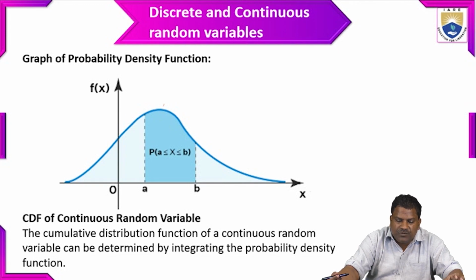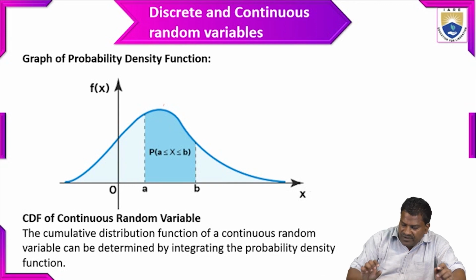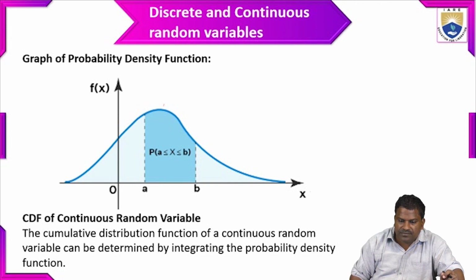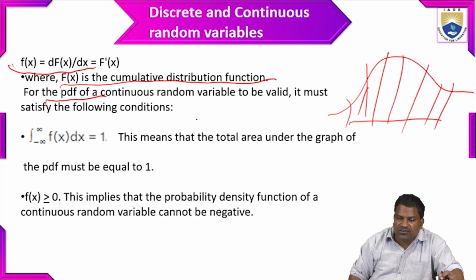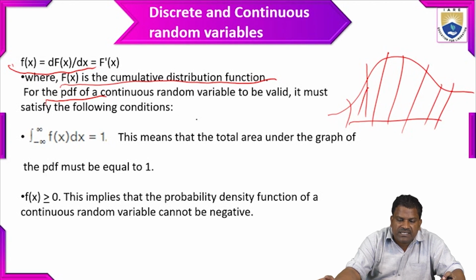The cumulative distribution function of a continuous random variable can be determined by integrating the probability density function. So here you can see f of x is equal to the derivative of F of x, dF by dx, where F of x is the cumulative distribution function.